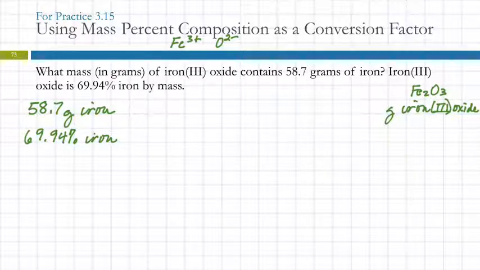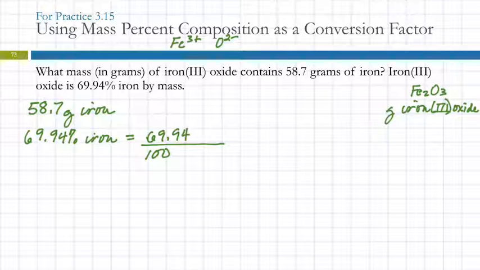So this percentage means 69.94 out of 100. And that 100 there is considered an exact number. The uncertainty is in the 69.94. Out of exactly 100 grams, 69.94 grams are iron.